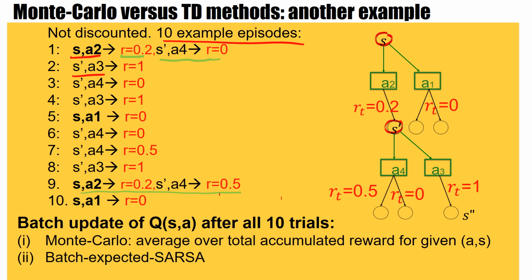Okay, so you have 10 episodes, some are longer, some are shorter, and now I want you to estimate the Q values up here, Q of S A2 and Q of S A1.